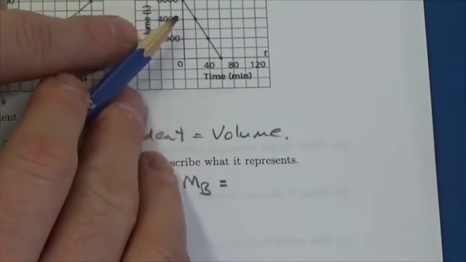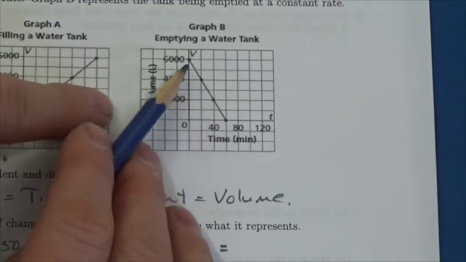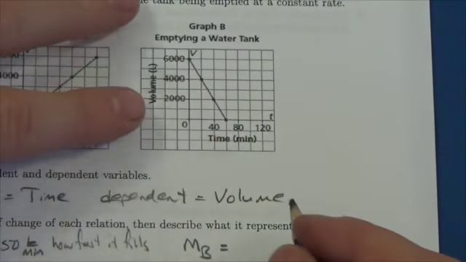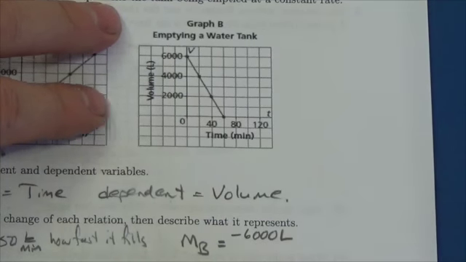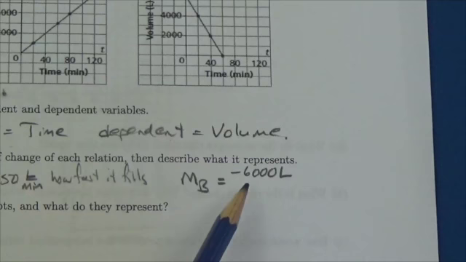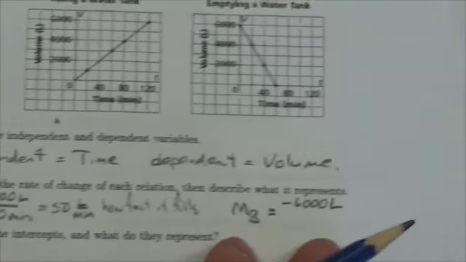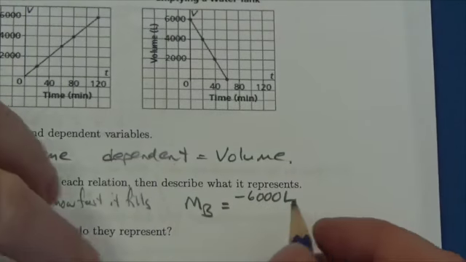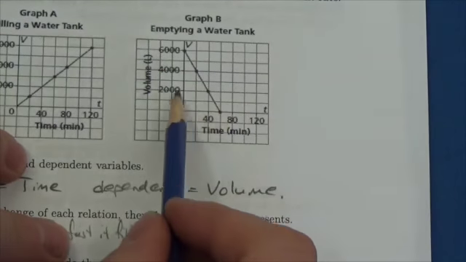So what's happening here in B? Again, it looks like a straight line, so it's a constant change here. I go from 6,000 to nothing, so that's a loss of 6,000 liters. And I want to make sure that I am plugging the negative in there, because whether it's increasing by 4,000 or decreasing, I need to identify that. And it decreases. Now, we have to think about how much time this took.